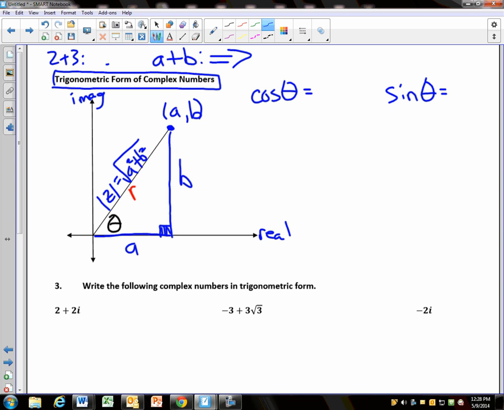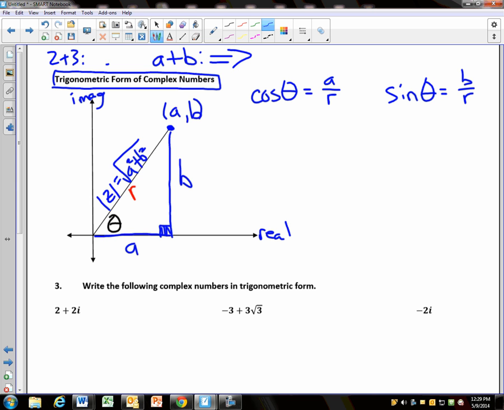In that triangle, what's the cosine of theta equal to? a over r, adjacent over hypotenuse. What is sine equal to? b over r.